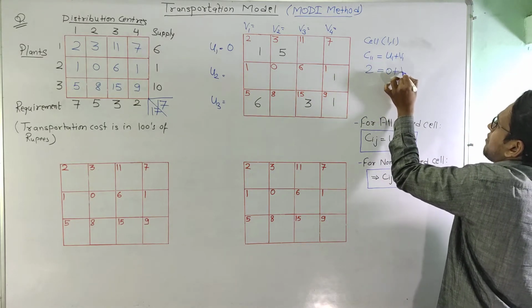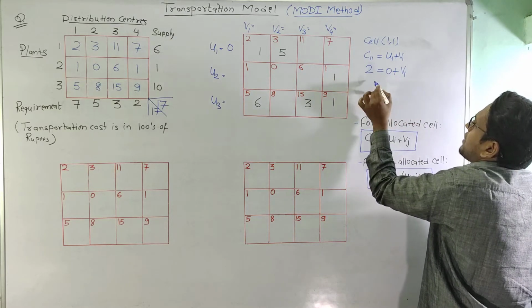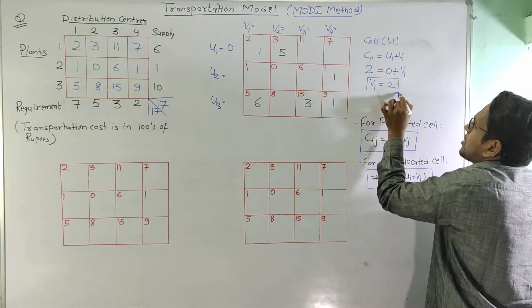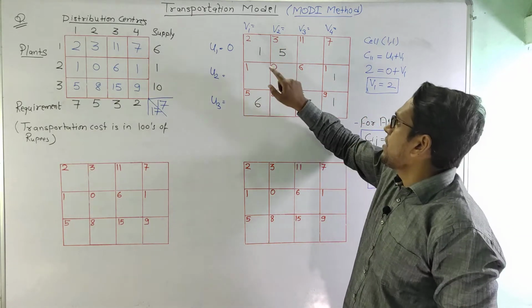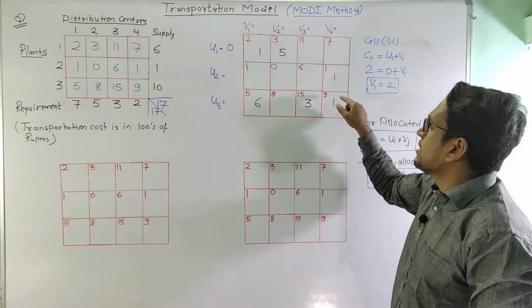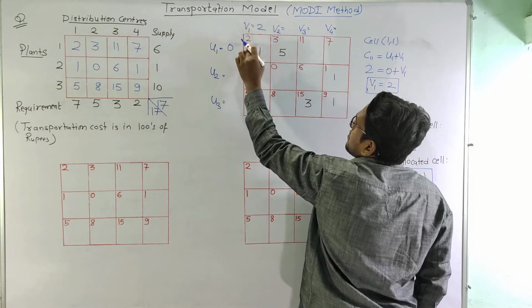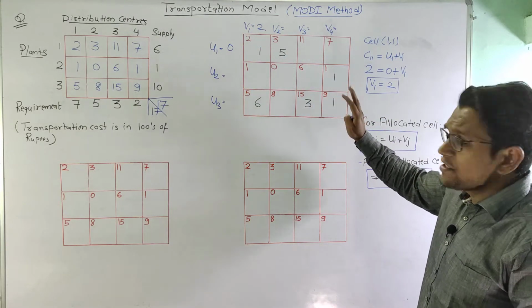The value of v1 is unknown, so from this we find that v1 equals 2. Similarly, we need to find the other variables with the help of allocated cells. Here 0 plus 2 is equal to 2.